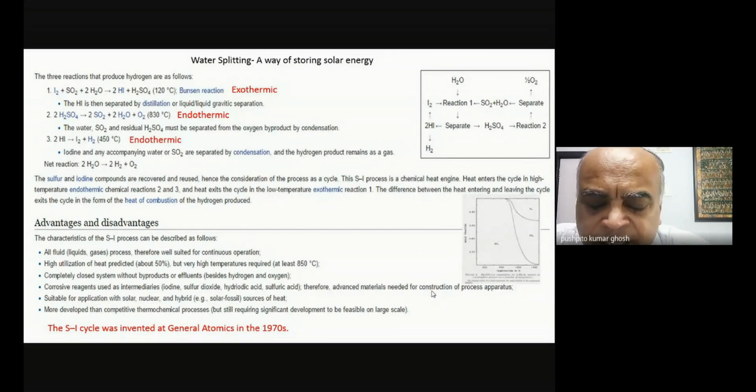This is another thing that you should always remember: in all of the cases, everybody's goal is to basically convert water into hydrogen and oxygen, H2 and O2. And you have already talked about electrolysis. That's one way. Let us see what are the other ways that people have looked at to do the same thing.